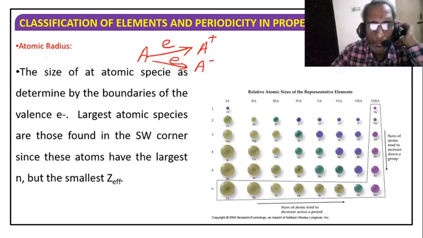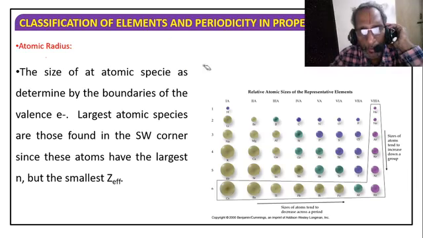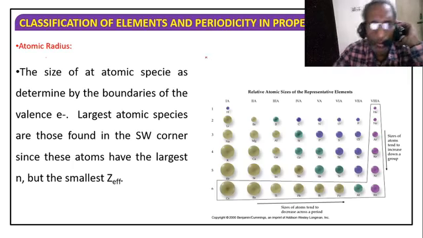But when it gains an electron, sometimes it gives out energy. In order to lose an electron, we have to supply energy. For a helium atom to be converted to a helium ion, we have to supply energy, and only then can you remove one electron.